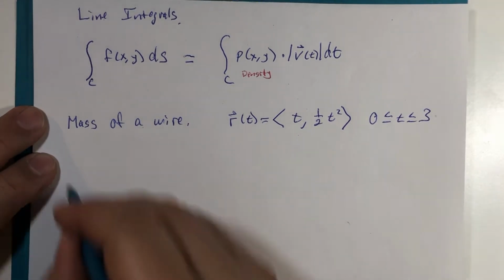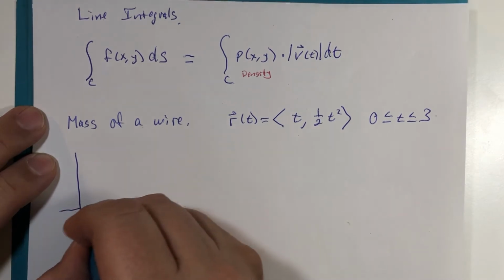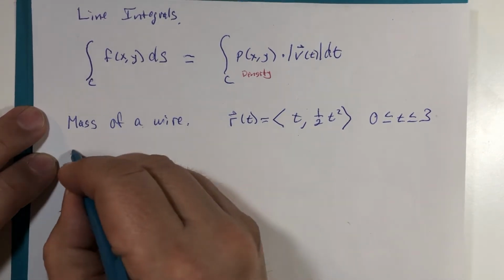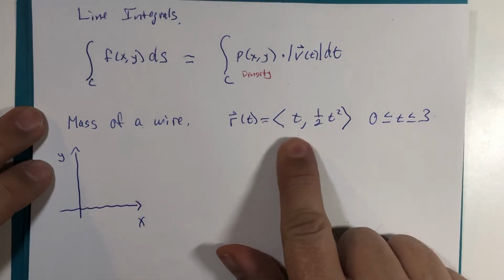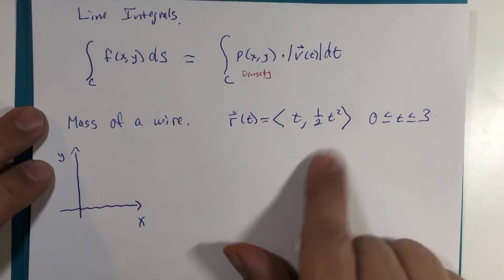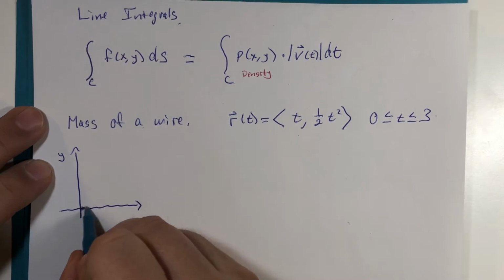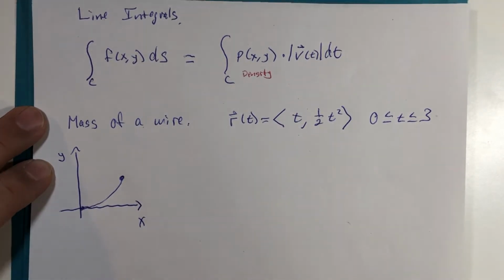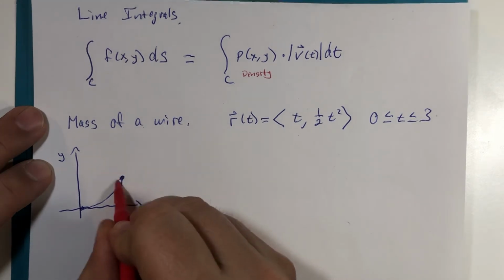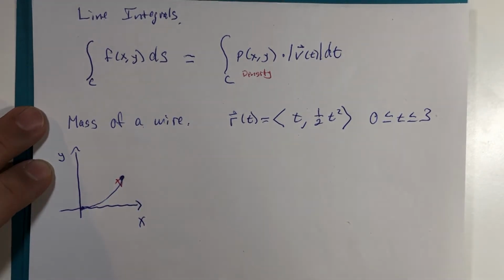So this graph is actually a portion or a section of a parabola. And it would be in this direction if we were going to think about the direction of it.